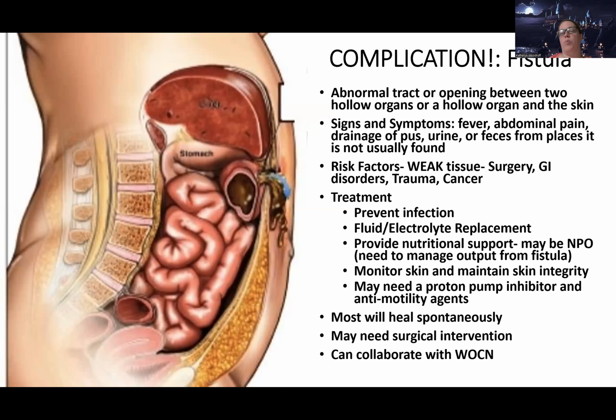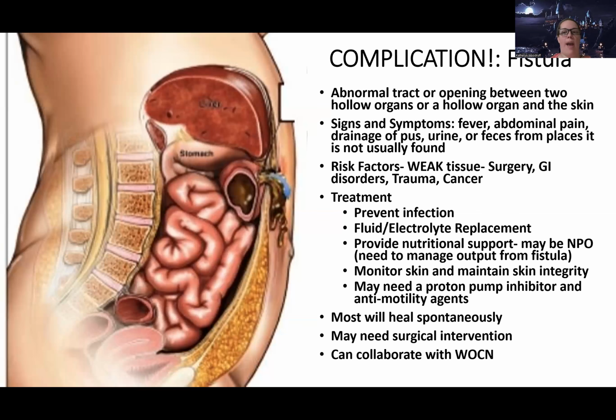But a lot of times when these happen, the bowel and the bladder get connected, like the urinary tract and the colon will get connected. So you're literally leaking stool through your urinary system, or vice versa. And so you end up high risk for infection, high risk for skin issues. And so it can be hard to manage.